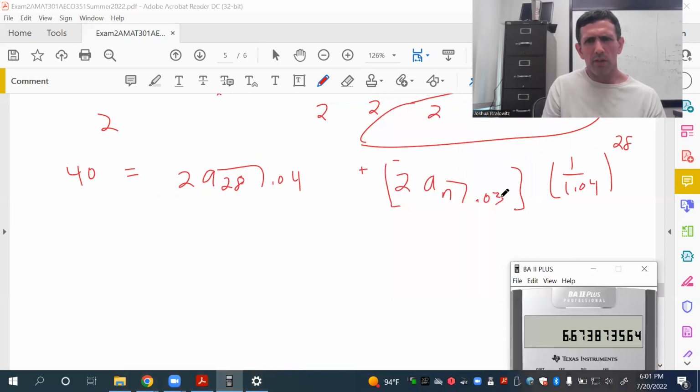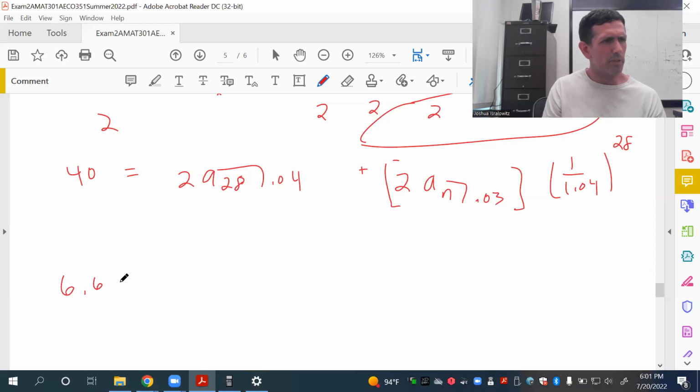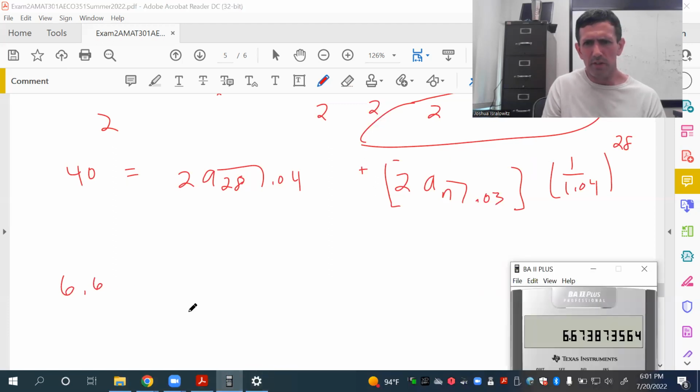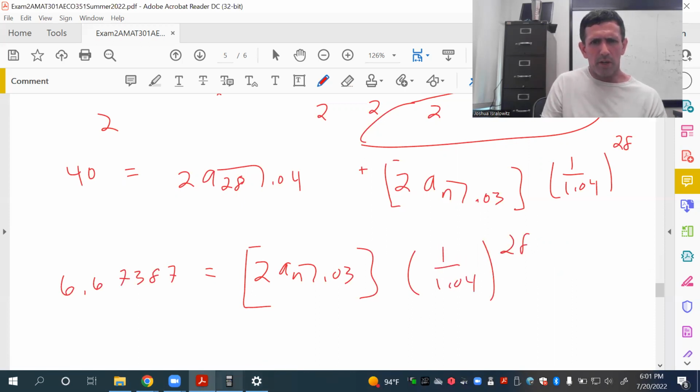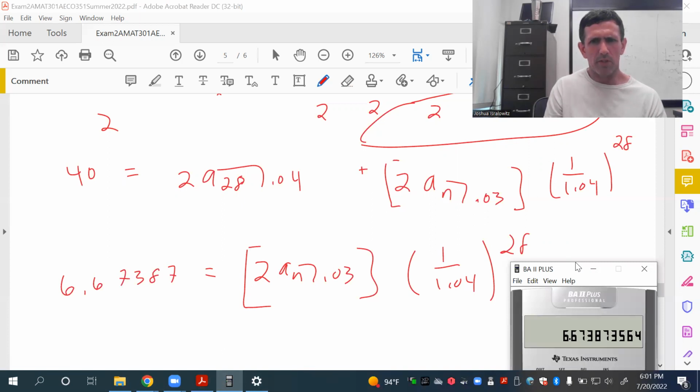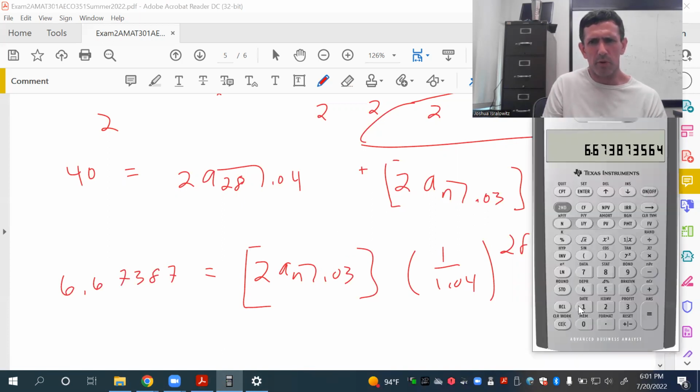So this whole thing here, I'll just write it, 6.67387, is going to be 2a_n at 3%. Okay, so let's solve for a_n at 3%.